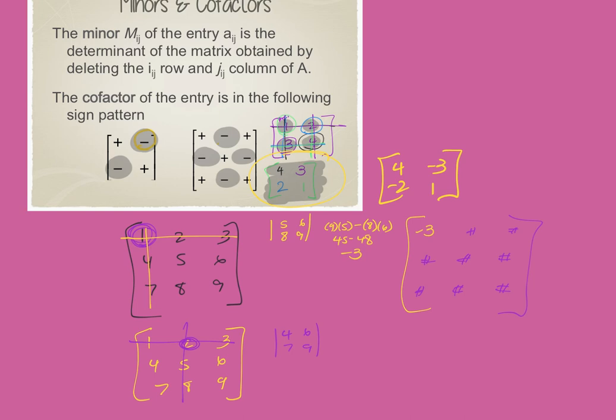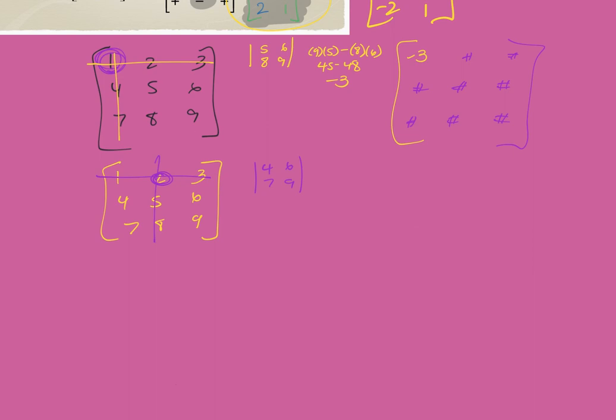Like if you cross it out, how would you put that in? So it goes 1, 2, 3, 4. Let's say I'm doing the 6 spot, I would cross through the row and the column, and then what's left is these 4 spots, and I put them in that order.